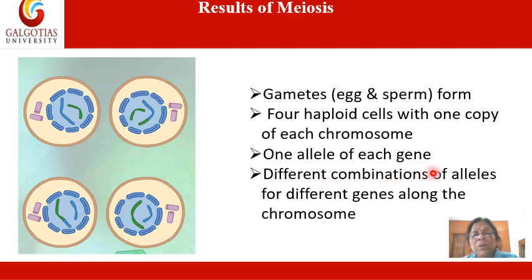Different combinations of alleles for different genes along with the chromosome take place, because recombination has already taken place during crossing over, which occurs during the prophase of the cells or gametes undergoing the process of meiosis.